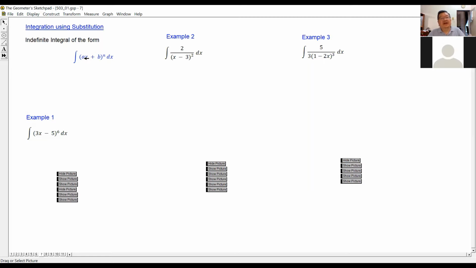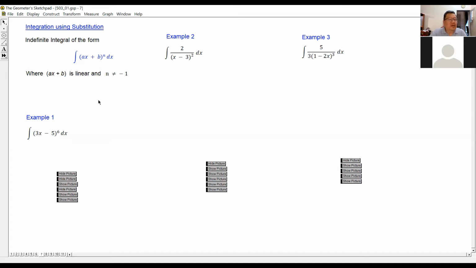Linear means ax plus b: one term x, no x squared, no x cubed, then a constant term. One term involving x and one constant term. Another thing is, in order to integrate this, the n cannot be -1. Other than that, everything can.